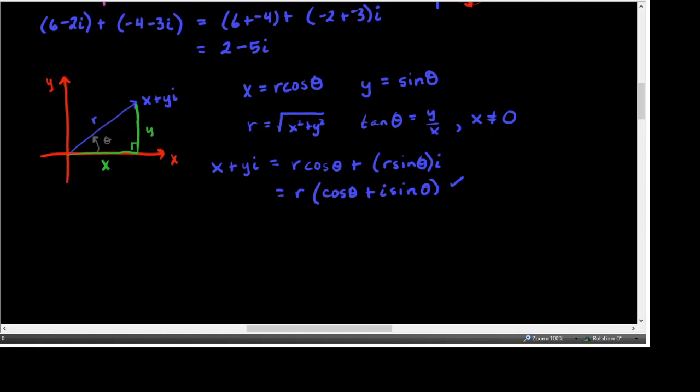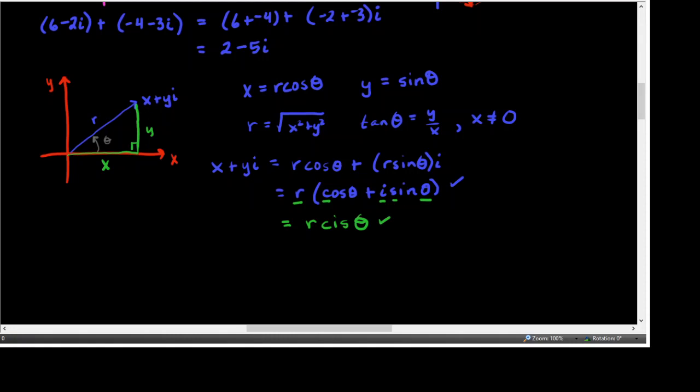Now, there is an abbreviation of that. Notice that it's the same theta in both parts of that. And so the important thing is that it's r and then cosine of theta and i times sine of theta. Of course, that theta is in two places, but the abbreviation for this r times quantity cosine theta plus i sine theta is called r cis theta, which means the same thing as the line above.